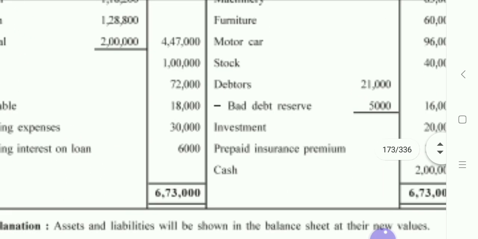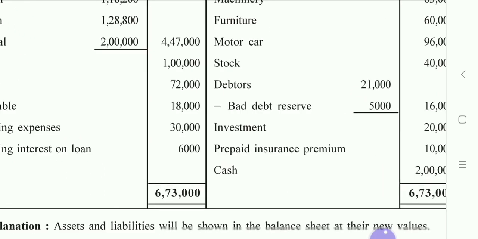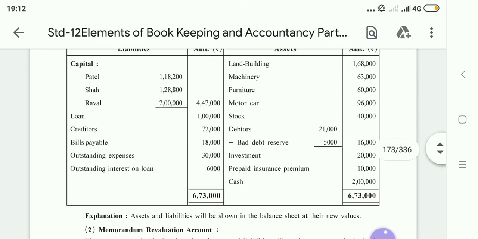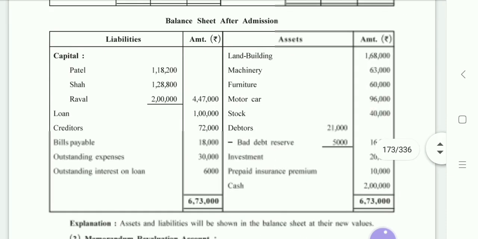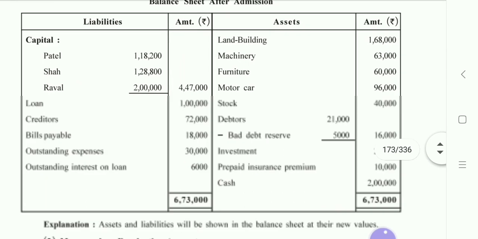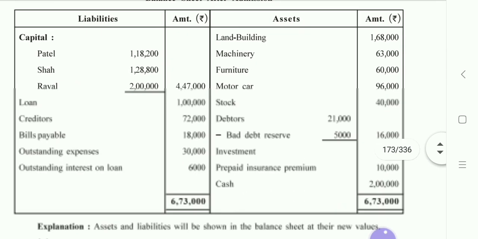So this 2 lakh is an amount of capital that has been brought by the new partner. If you remember the journal entry, that is cash account debit to Raval's capital account. So there are two effects for this. Cash comes in, so cash account debit. Here we have written 2 lakh.